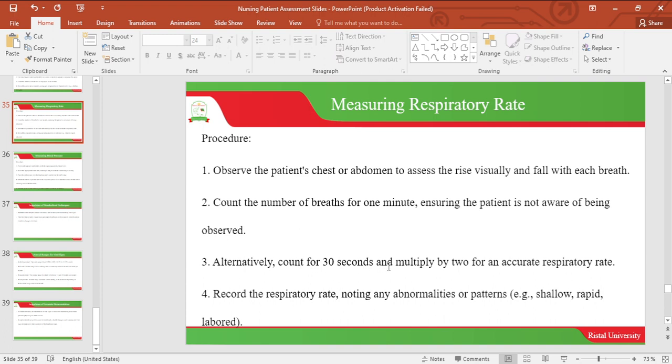Alternatively, count for 30 seconds and multiply by 2 for an accurate respiratory rate. Then after that, record the respiratory rate, noting any abnormalities or patterns, for example, shallow breathing, rapid breathing, or labored breathing.